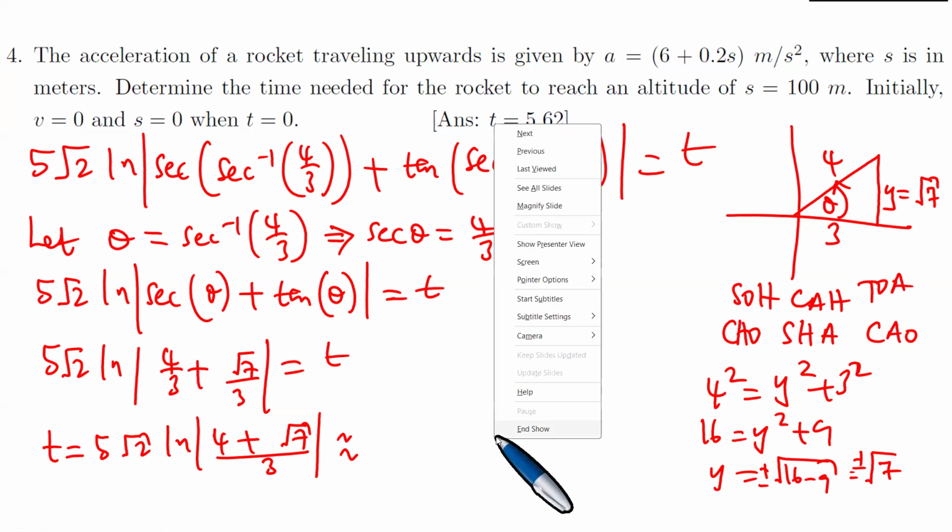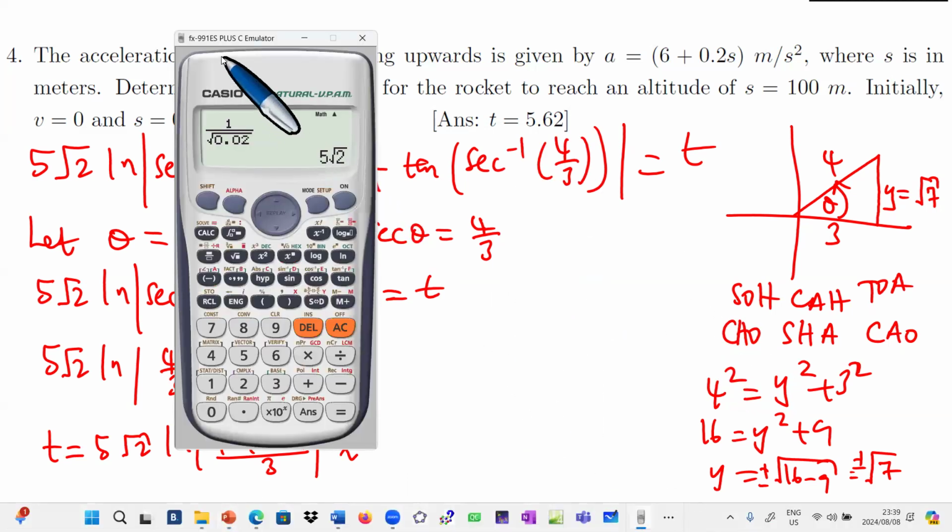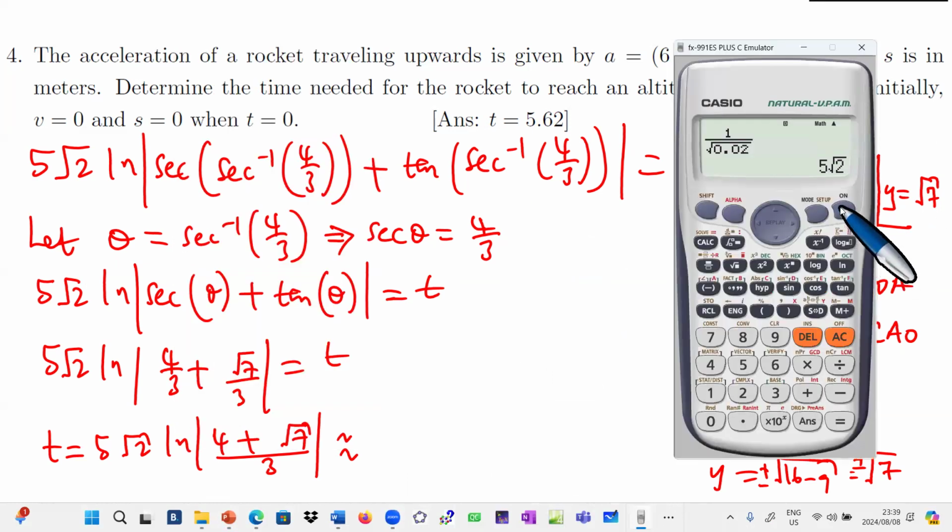So in the end, you have 5 square root of 2, multiplied by the ln of 4 plus the square root of 7, divided by 3, and then you close.